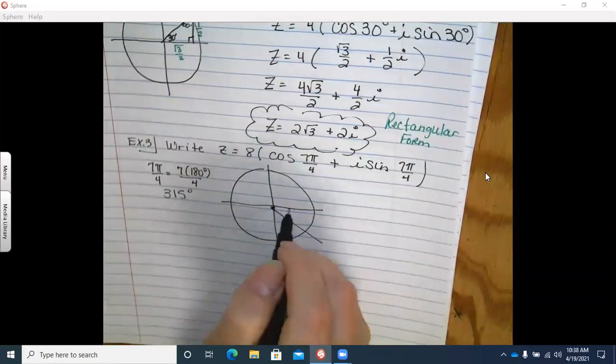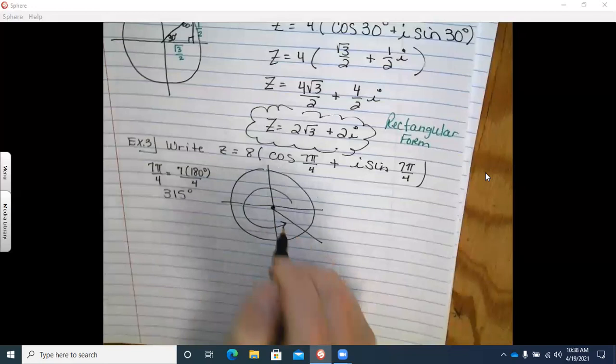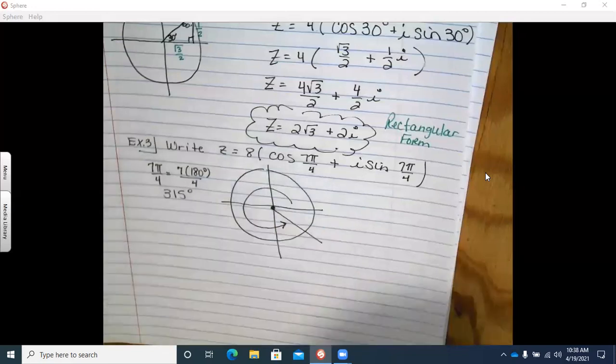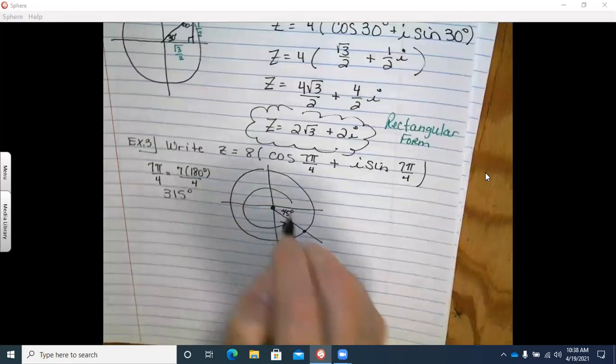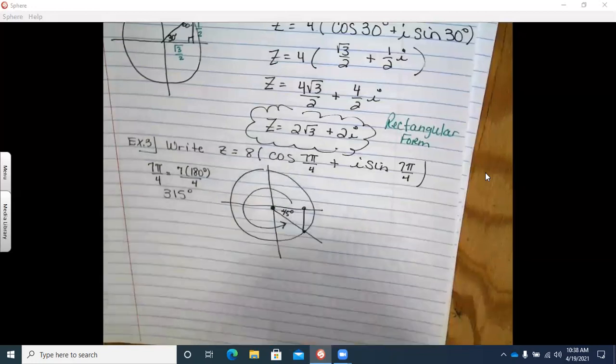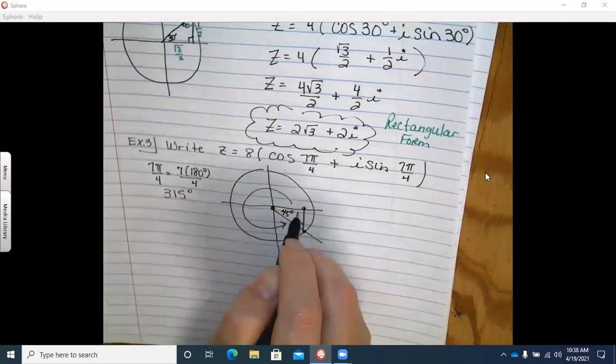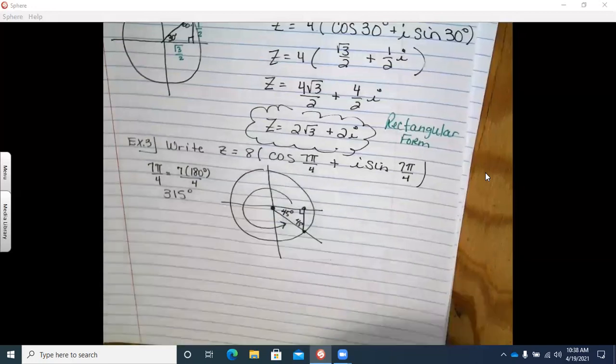So this is 315 degrees. What's the measure of my reference angle? 45 degrees. And so these are both 45 degrees. And in a 45-45-90, the two legs are going to be the same length, which is square root of 2 over 2.